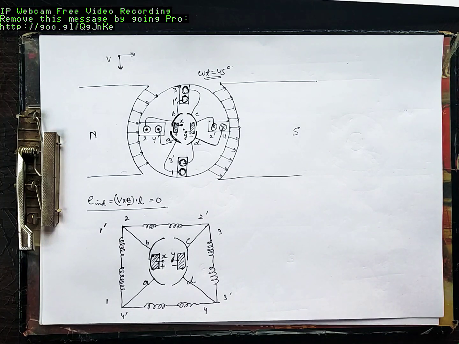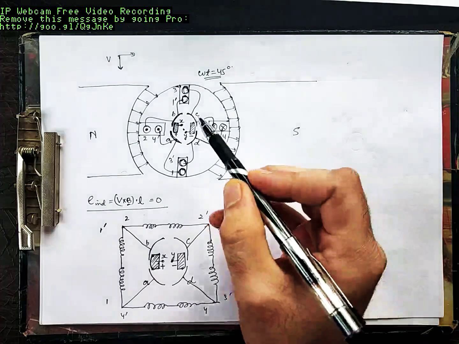But fortunately, what happens when this short circuiting of coil 1 takes place? The voltage induced in coil 1 is 0. Let me show you how. Have a look over here.